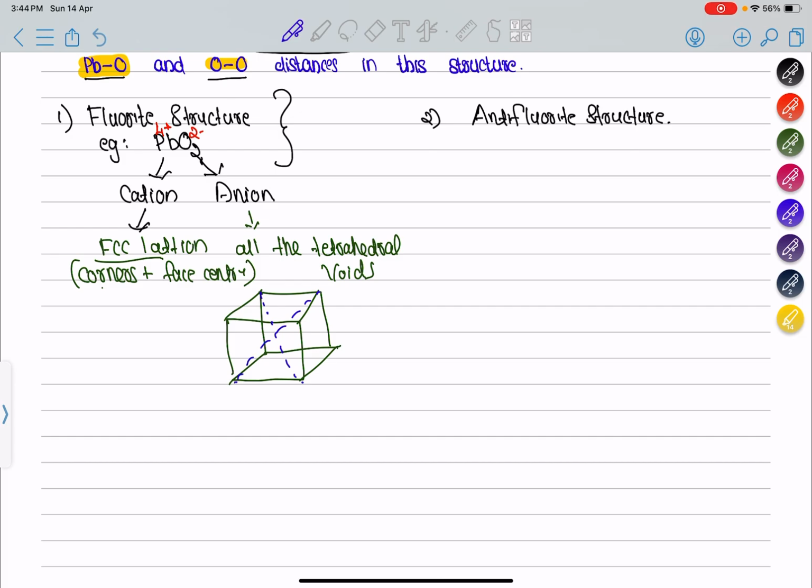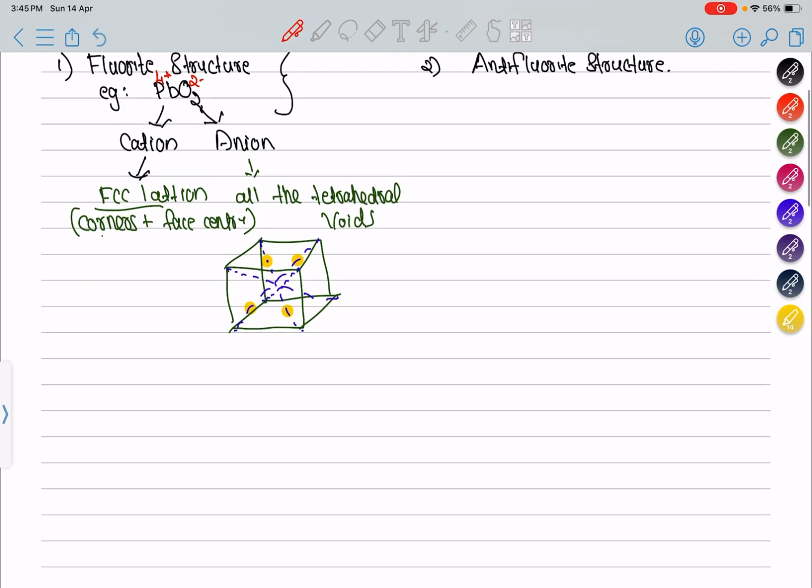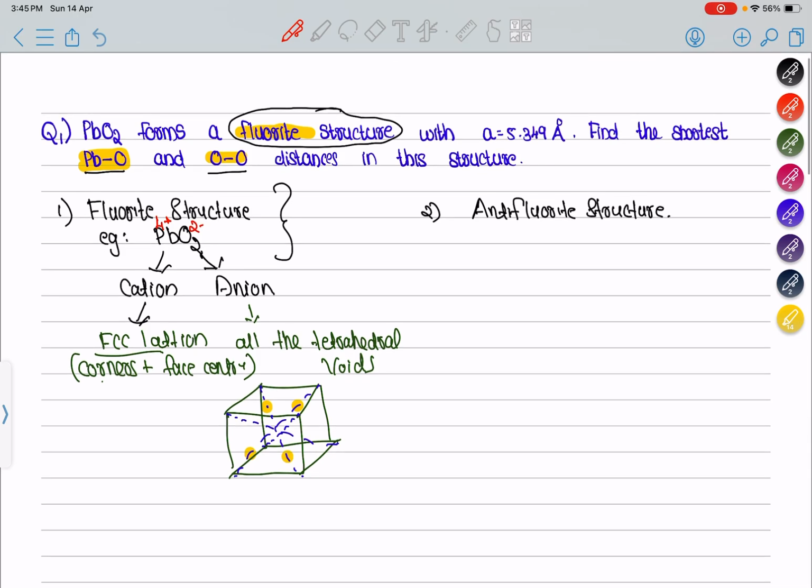Here is one tetrahedral void, here is one, here is one. Similarly we can draw another two diagonals. I drew 4 here, and we can again draw 4. So a total of 8 tetrahedral voids are present here.